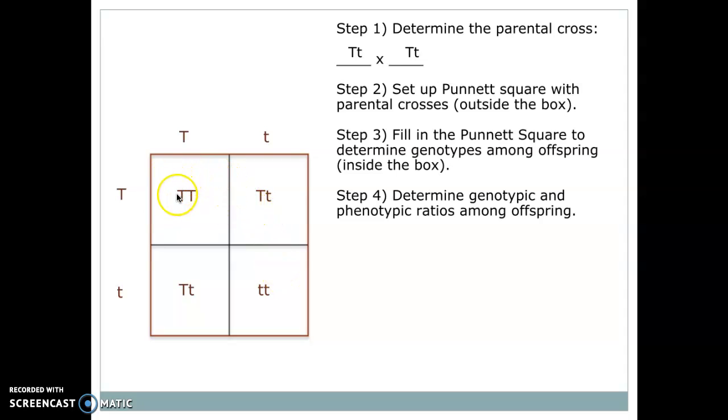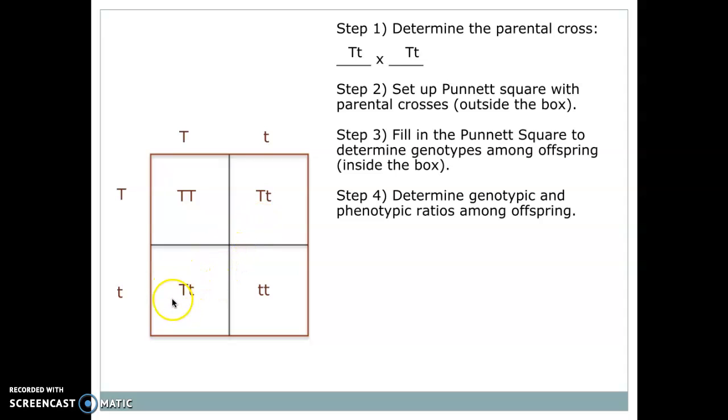So here I have 2 big T's. This is homozygous dominant. So this individual is going to be tall because they have 2 of the dominant alleles. I have 2 of the same genotypes here, big T and little t. These are heterozygous genotypes.